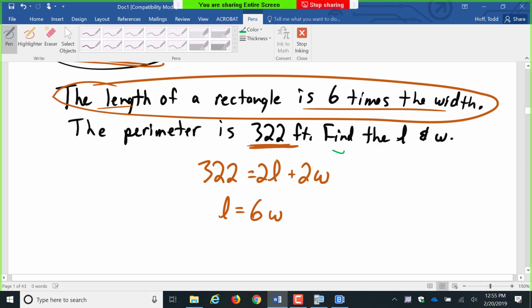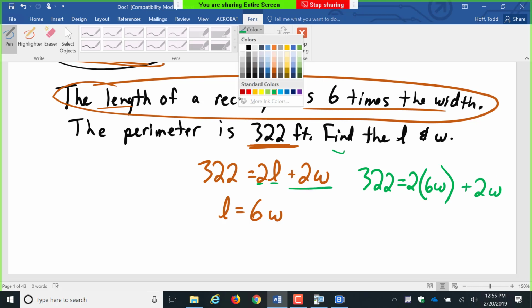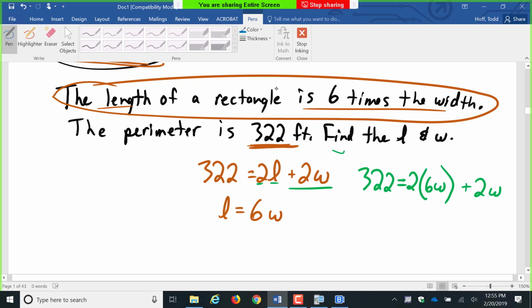Well, we can solve this by substitution, right? 322 equals, instead of 2L, we're going to write it as 2 times 6W plus the 2W. Now what? We do the 2 times 6W, which is 12W plus 2W.